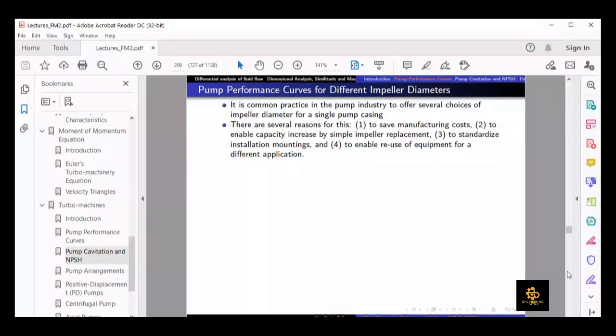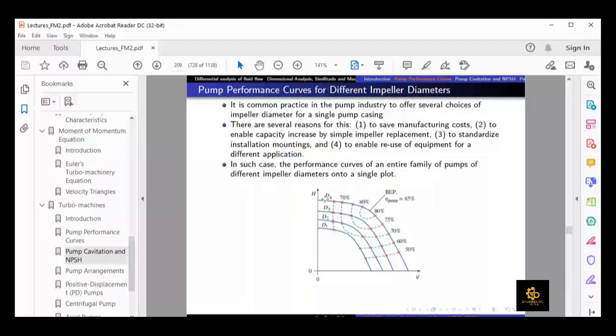So if I show you the available head for different impeller diameters, you can see here D1, D2, D3, D4. Here diameter D1 is the smallest impeller diameter, and D4 is the largest impeller diameter. And then there are certain green curves you can see on this graph.